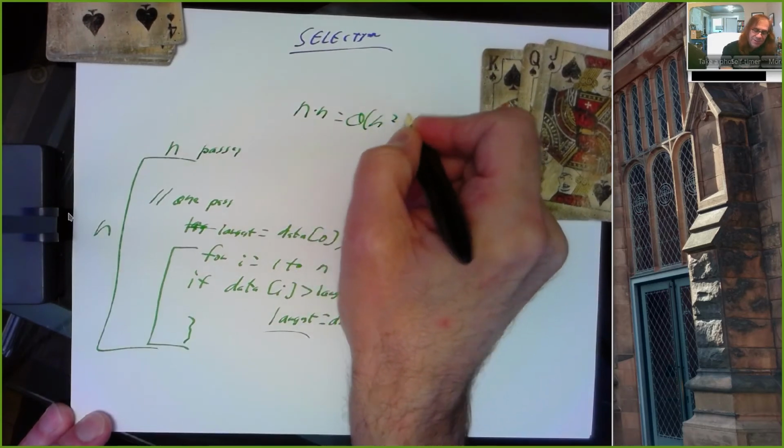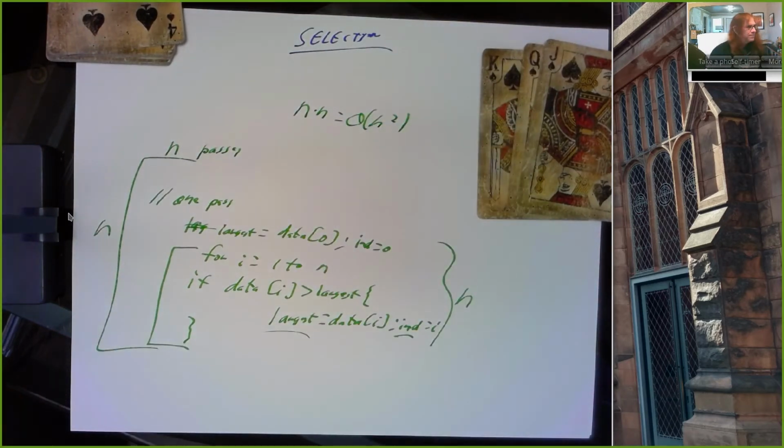And so this is still going to be order n squared. So it is order n for a single pass, you're right. But then we have to do n passes. So order of complexity, selection sort, no better than a bubble sort.